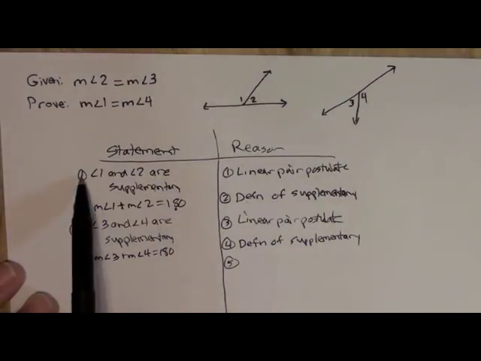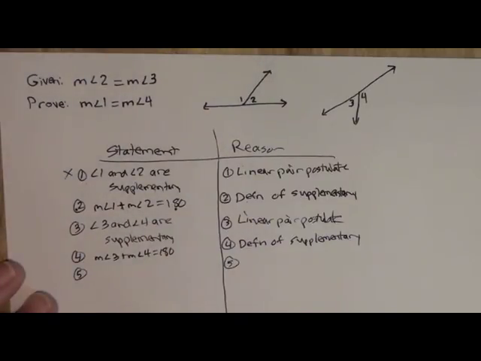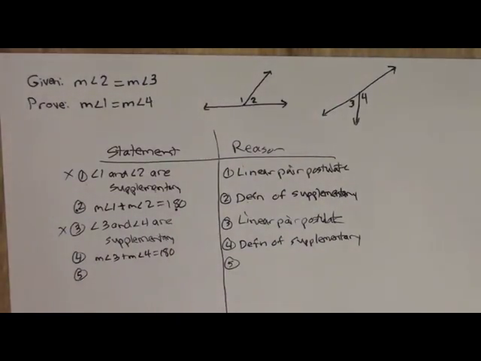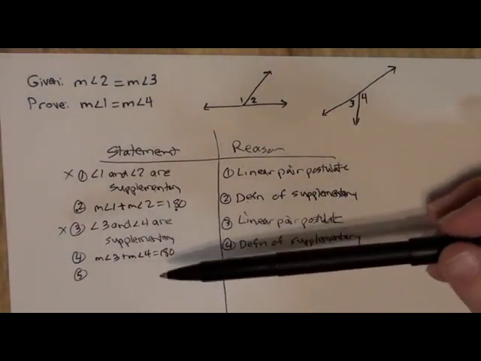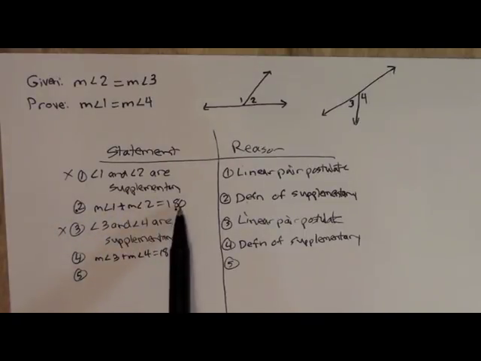Now, we used line 1 to get line 2, so we already used line 1. Line 3 we used to get line 4. We already used line 3. So we haven't used line 2 or line 4 yet. We need to use those to get number 5, to get row 5. So the measure of angle 1 plus the measure of angle 2 equals 180. The measure of angle 3 plus the measure of angle 4 equals 180.